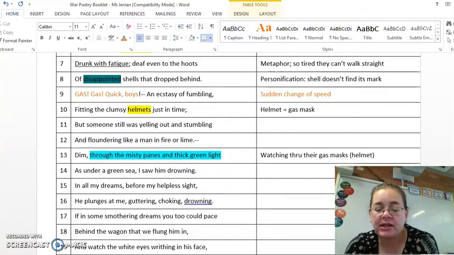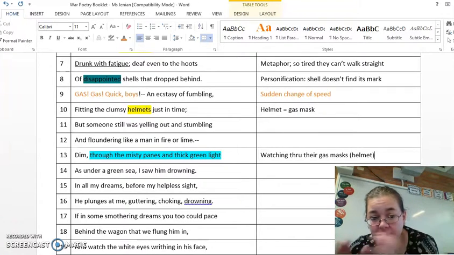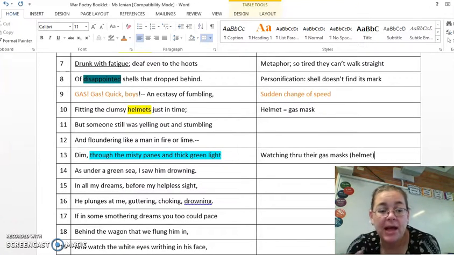So the misty panes refers to the eye holes that they've got. They've got these very thick, very small glass eye holes to look through, and they're watching their colleague through this. As under a sea.